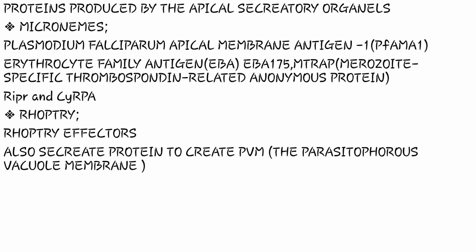Once it invaginates inside the host membrane, it takes the host membrane and transforms it into the parasitophorous vacuole membrane, which protects this Plasmodium falciparum from the normal innate immune response of the host cells.